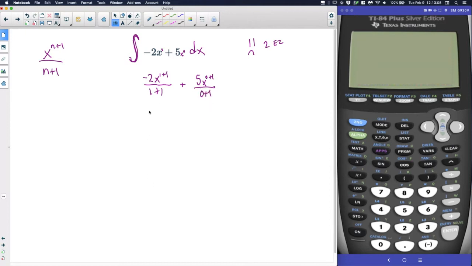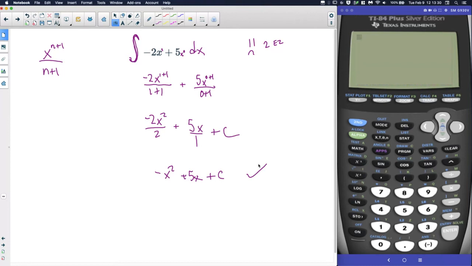So I end up with negative 2x squared over 2 plus 5x over 1. And then, yes, Adam's right, got to add the plus c. So if I reduce that, I get negative x squared plus 5x plus c. We're done. So that was just the antiderivative.